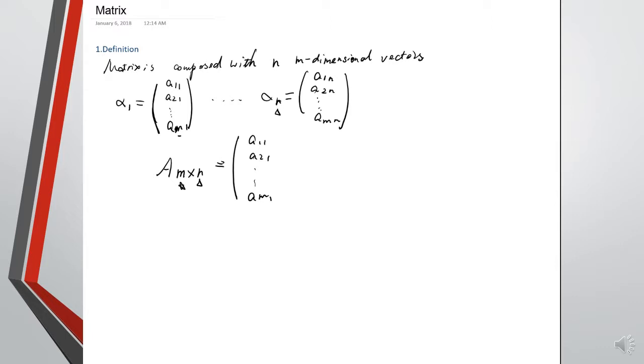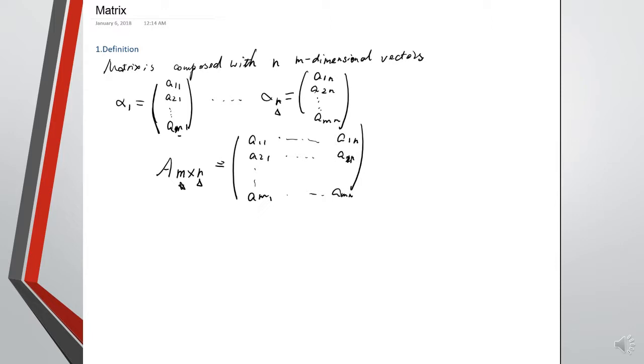And for each row, we have all the way to a1n, a2n, and this one is amn. So you have to practice this definition by yourself on a piece of paper with your pen, please. The handwriting is so important for you to remember and to understand.